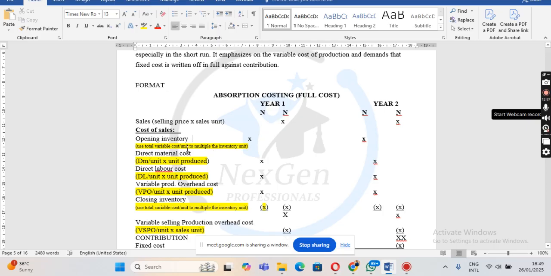So use the total variable costs per unit.